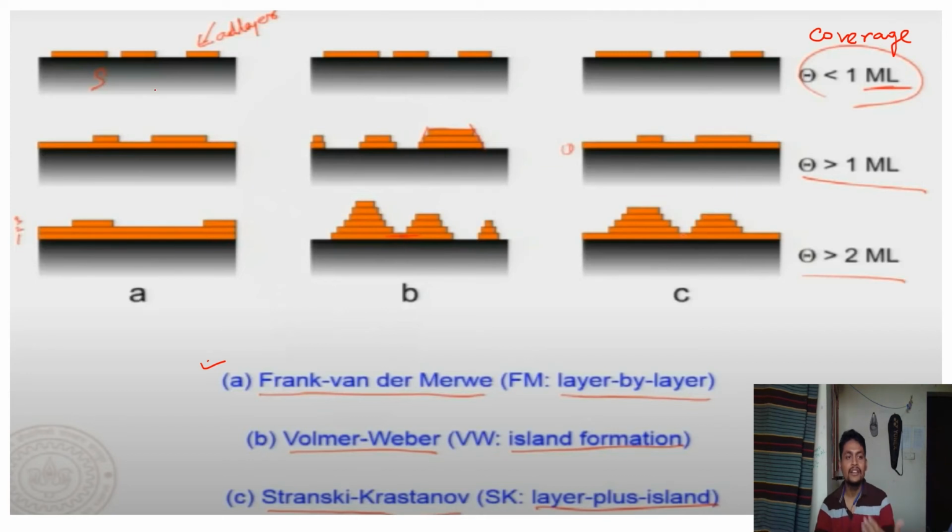Now when we increase the coverage, it can grow on top of that, or it can fulfill one surface altogether and then go to the other one on top of that. If these islands are again adsorbed by the same similar molecule, one can form this kind of structure.